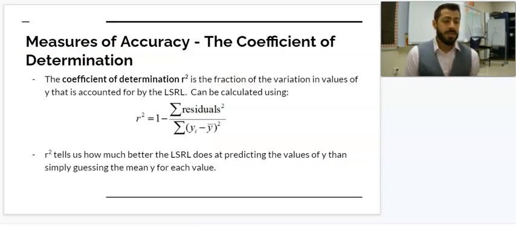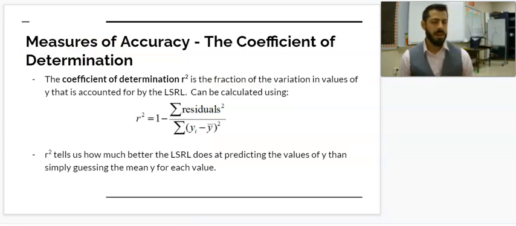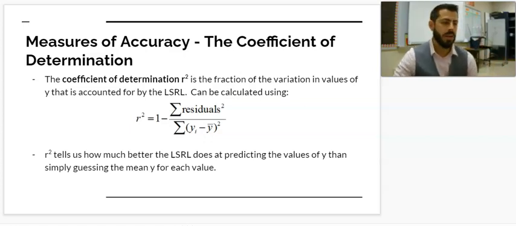All right, coefficient of determination, or R squared. This is one that's very common. I think in the video where I showed the 2-variable summary statistics on the calculator, R squared was one of the first ones we saw, right? It gave us A, it gave us B, and then it gave us R squared right away. Basically, it's the fraction of the variation in values of Y that are accounted for by the least squared regression line.